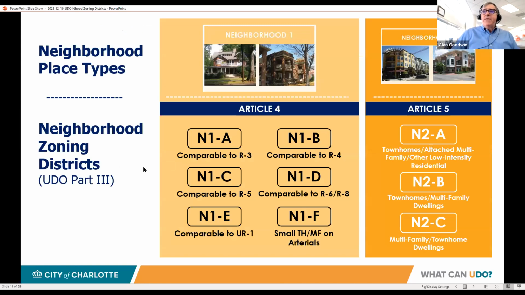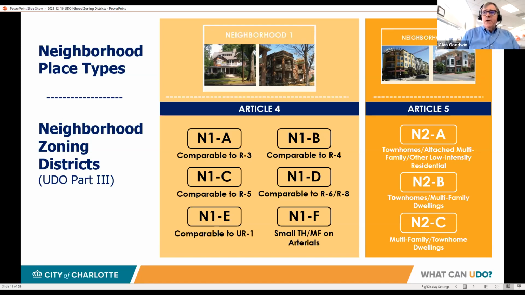So again, for each of those 2 neighborhood place types, here are the various zoning districts that we're proposing to use. For the neighborhood 1, we have 6 new zoning districts, N1A, B, C, D, E, and F. They are, for the most part, comparable to the existing single-family residential districts that we have now, with the exception of N1F, which we won't spend a lot of time on today.